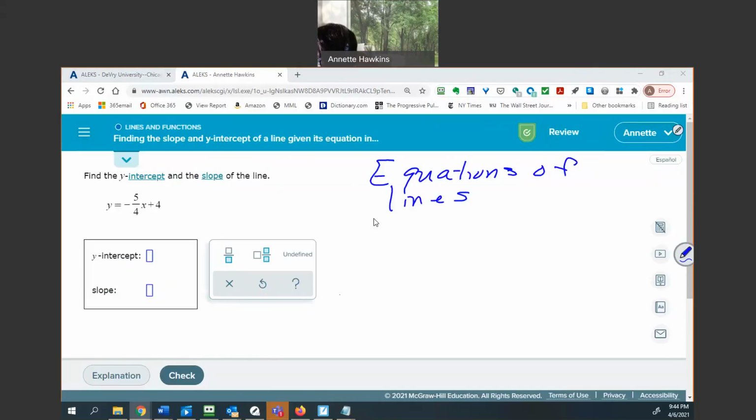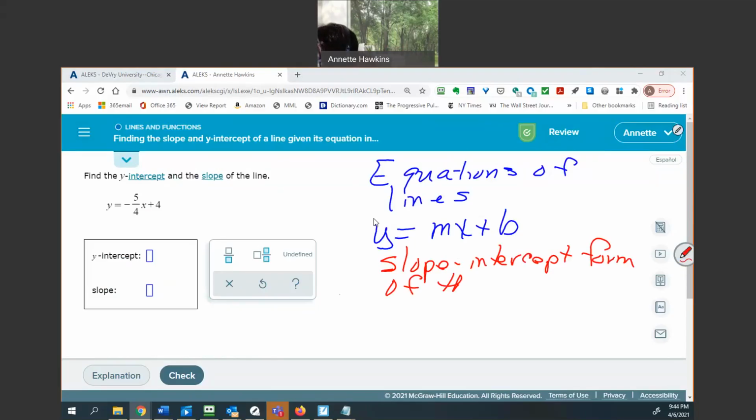When we solve the equation for y, we get y equals mx plus b. This is what we call the slope-intercept form of the equation of a line.